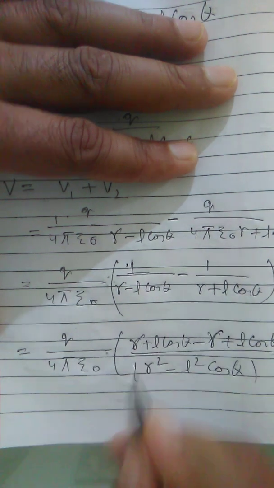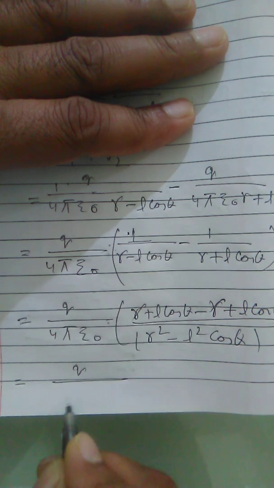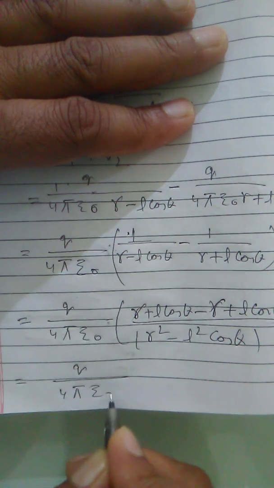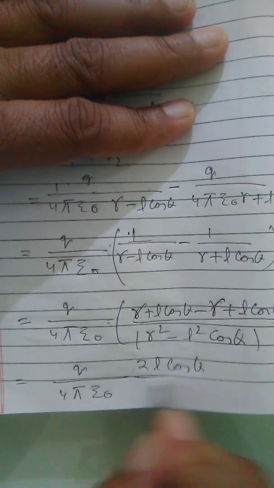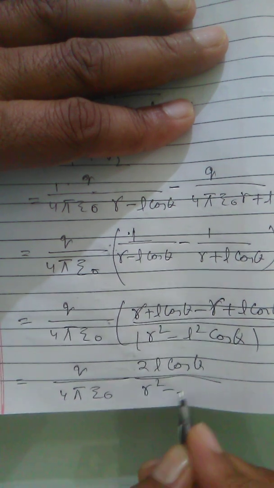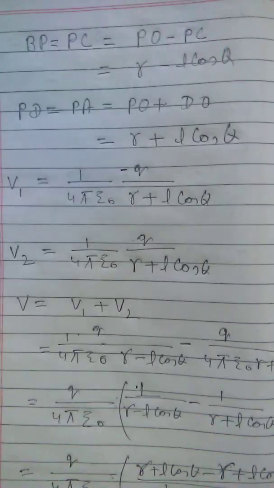This r gets cancelled. We get q upon 4 pi epsilon 0 times 2L cos theta upon r square minus L square cos square theta. So we are left with this.